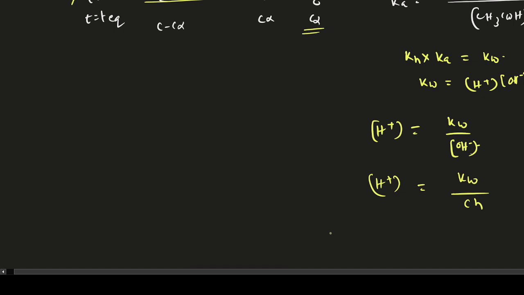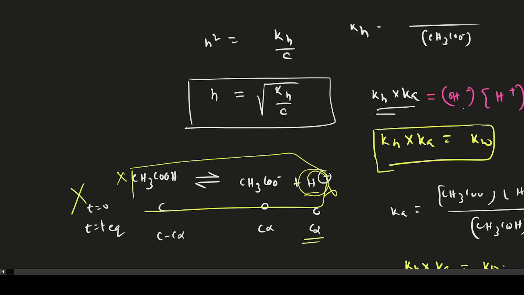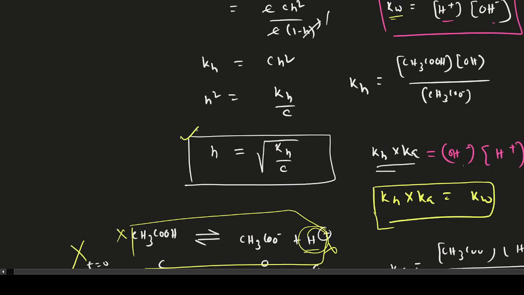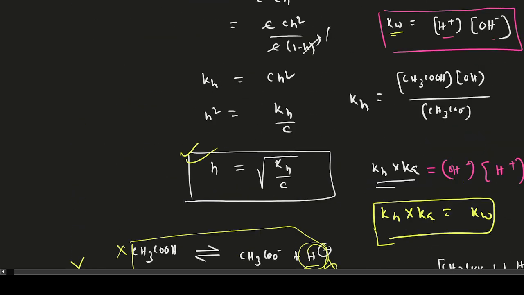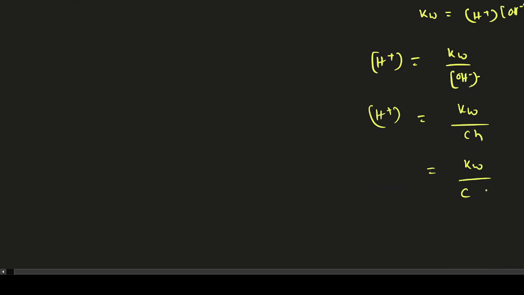Also this h value I know is root over Kh by C, so I put that, and with Kw it gives the H plus concentration.